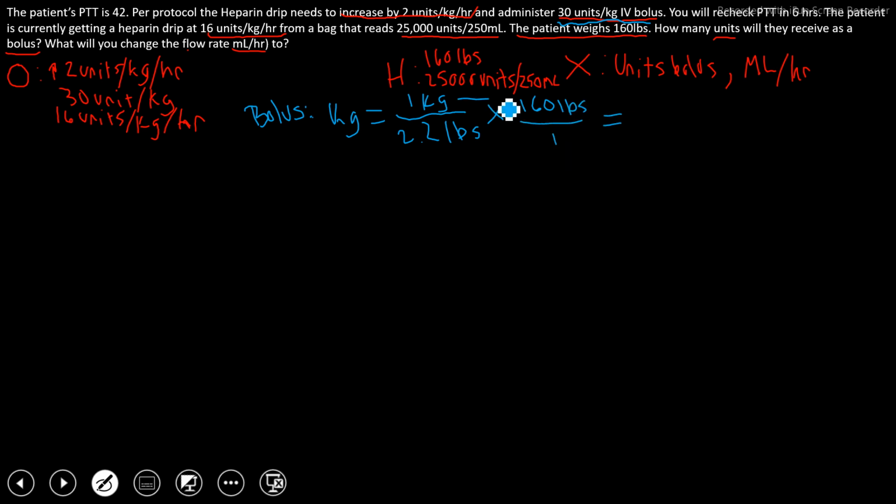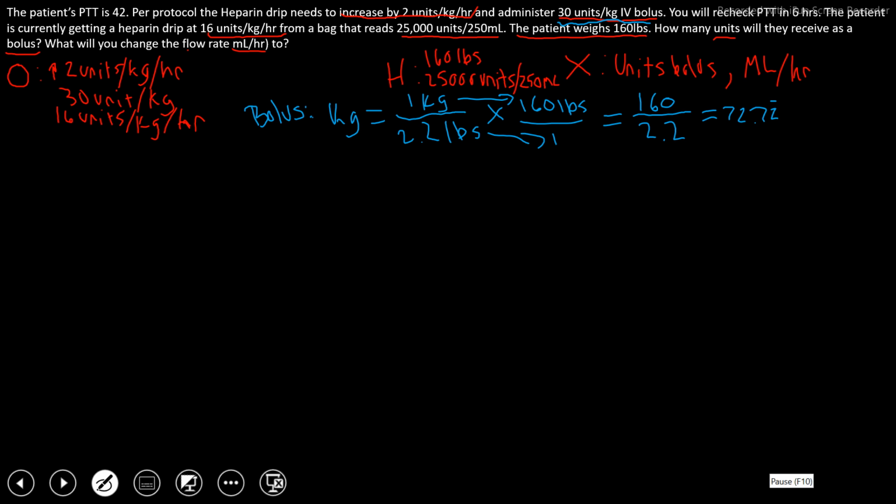Now we times across the top and times across the bottom, which equals 160 over 2.2, and you divide that out and we get 72.7272 repeating.